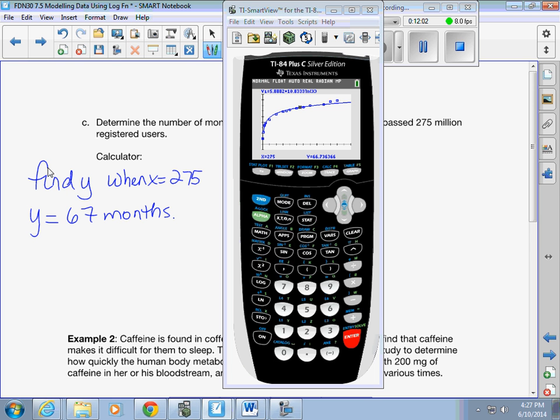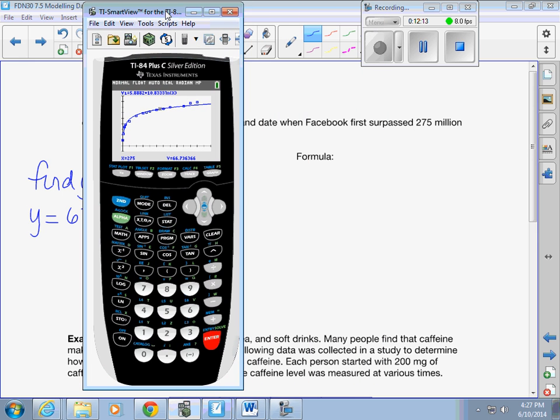Okay, so to use this by the formula, I was just trying to read my notes. To use the formula then, you have y is equal to 5.888 plus 10.833 natural log of x.